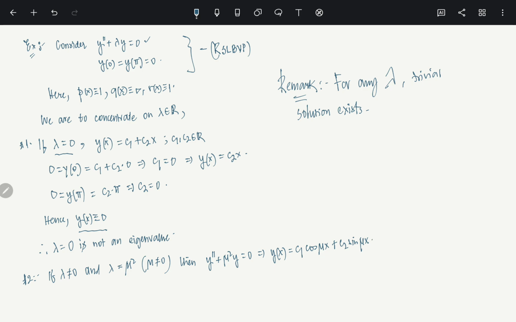Yes, that's what the solution is. Now c1 and c2 are of course in R.